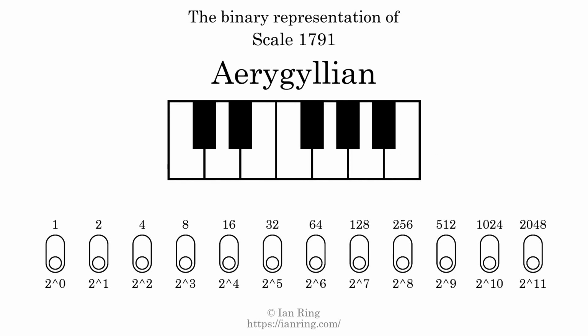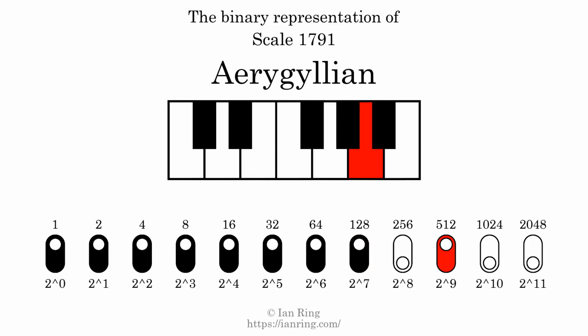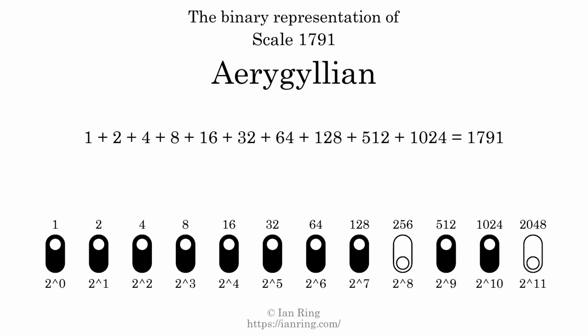The binary representation of this scale is determined by mapping tones of the scale to binary digits. Each binary digit represents a power of 2. To get the scale number, we add the powers of 2 together. The powers of 2 that are present in the scale, all added together, equals 1791.